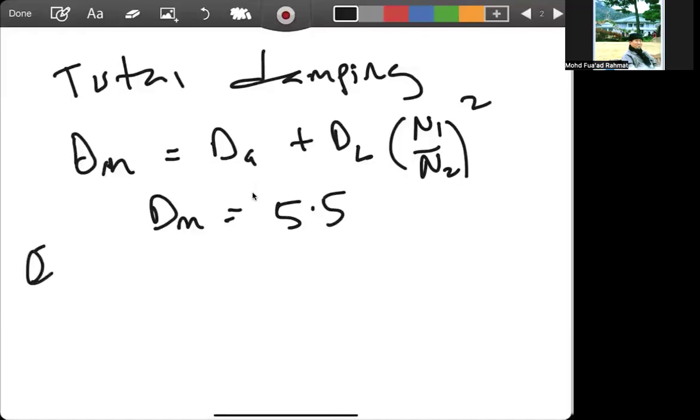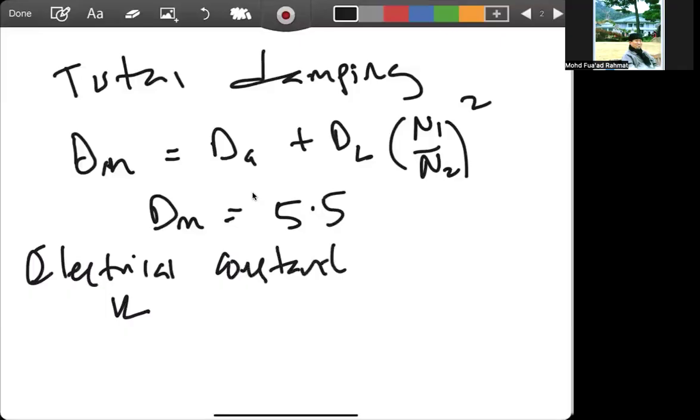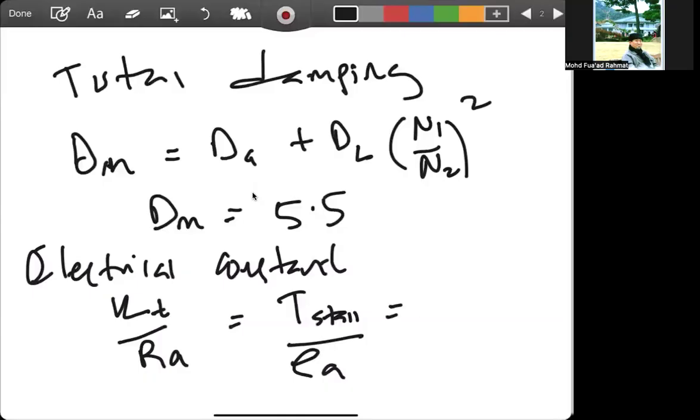Electrical constant, which is KT over RA, equal to T stall over EA, 600 over 50, which is equal to 12.